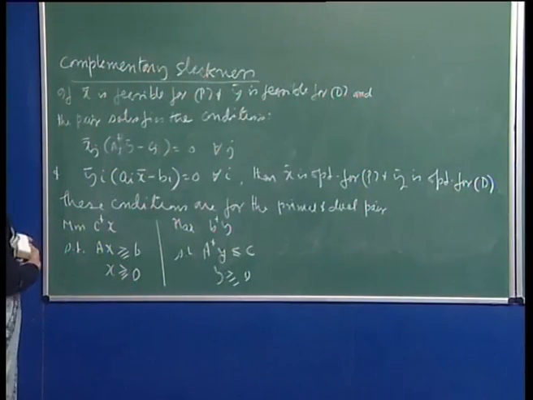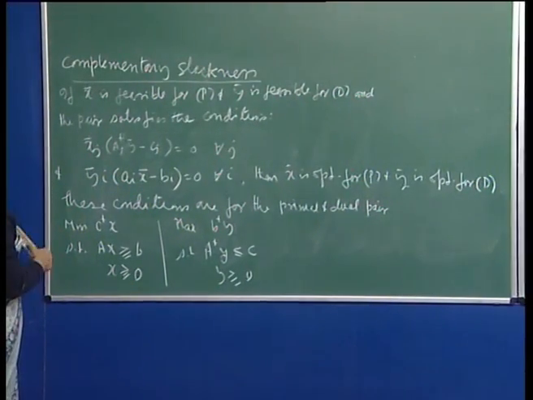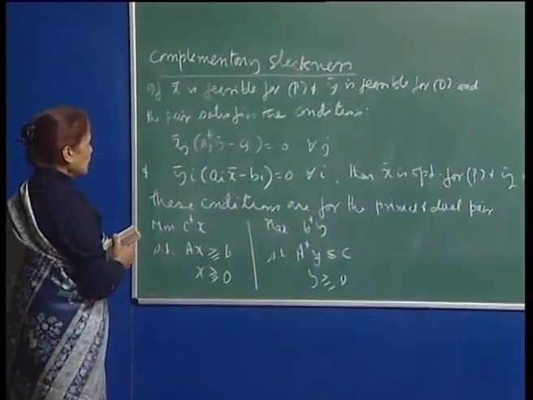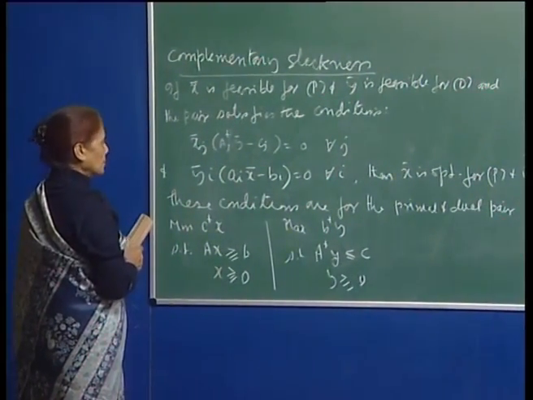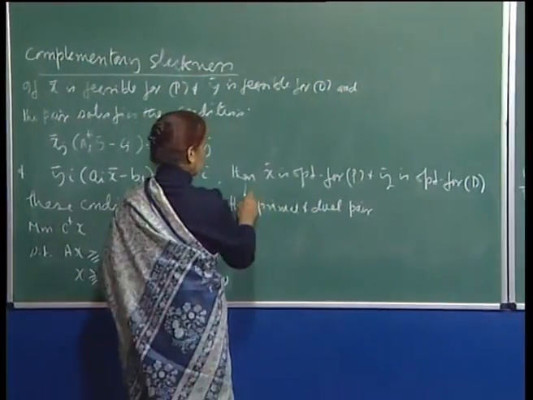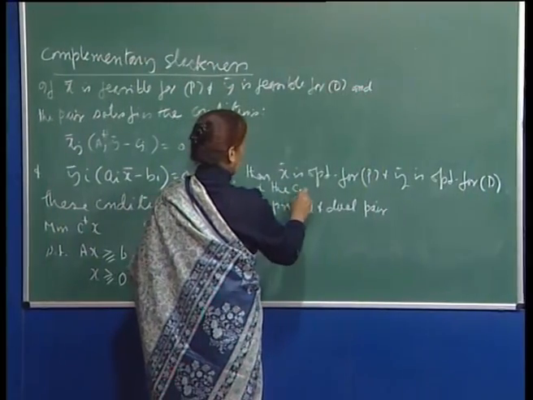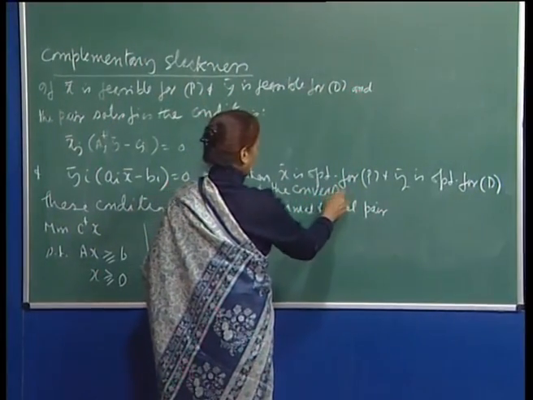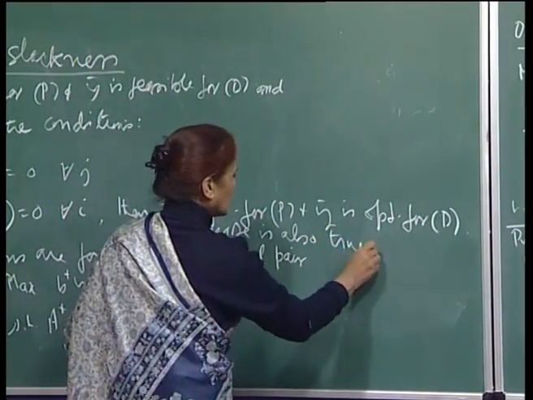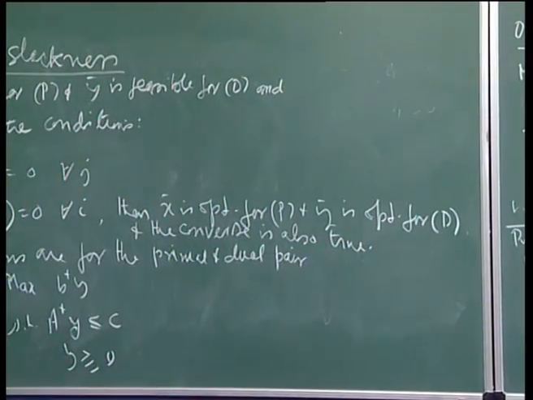So, maybe I should state it as: if x bar and y bar, feasible for P and D, satisfy these conditions, then of course, they are optimal, and the converse is also true.